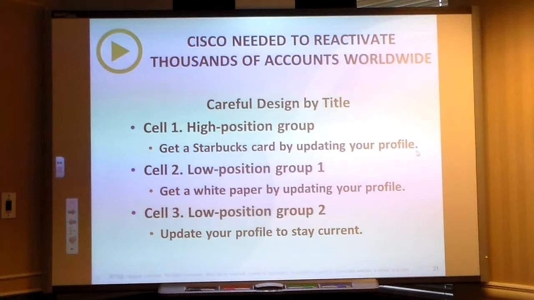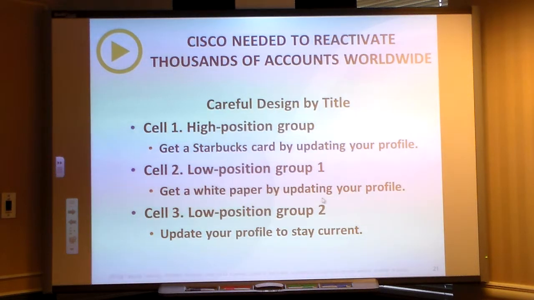So one of the other examples in the book, they really spoke about how Cisco needed to reactivate thousands of accounts. They found different levels of people, and they tried their best to provide you with a retention rate, and found people responded to different things. Some people would say update your profile to stay current.